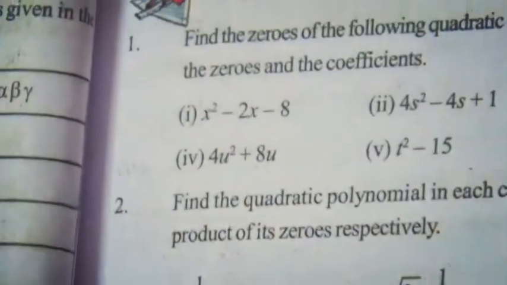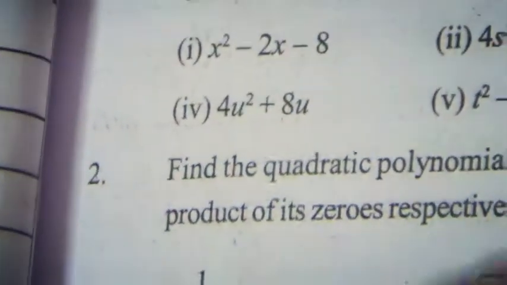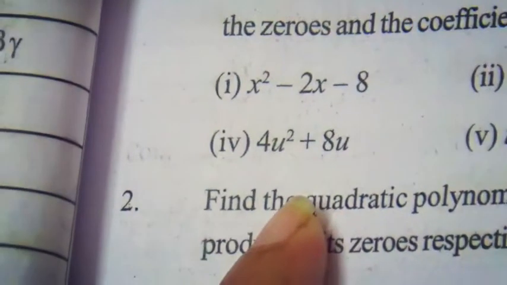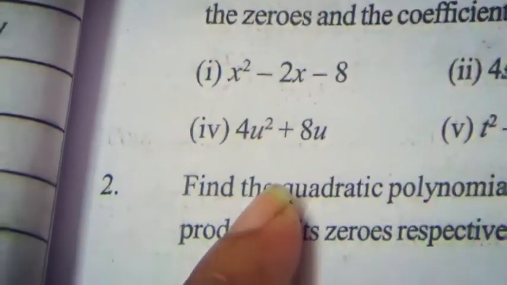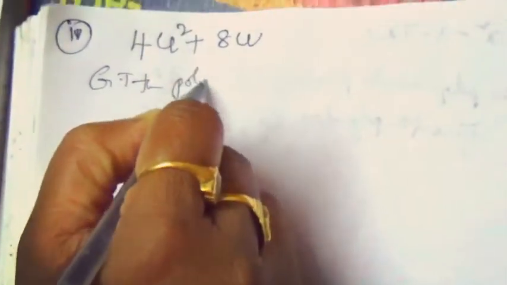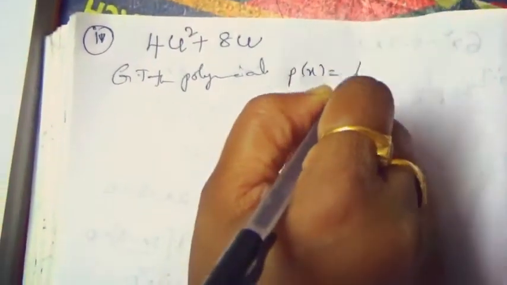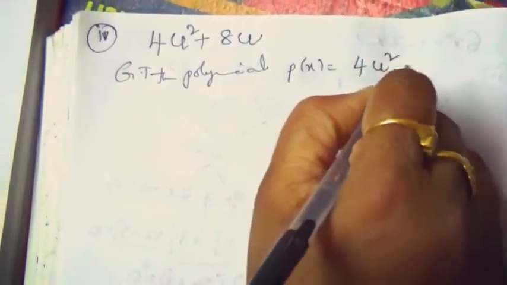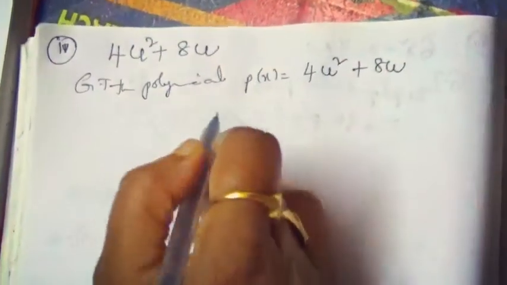Fourth sum. That is 4u square plus 8u. This is the equation. Okay, given that the polynomial p of x is equal to 4u square plus 8u.